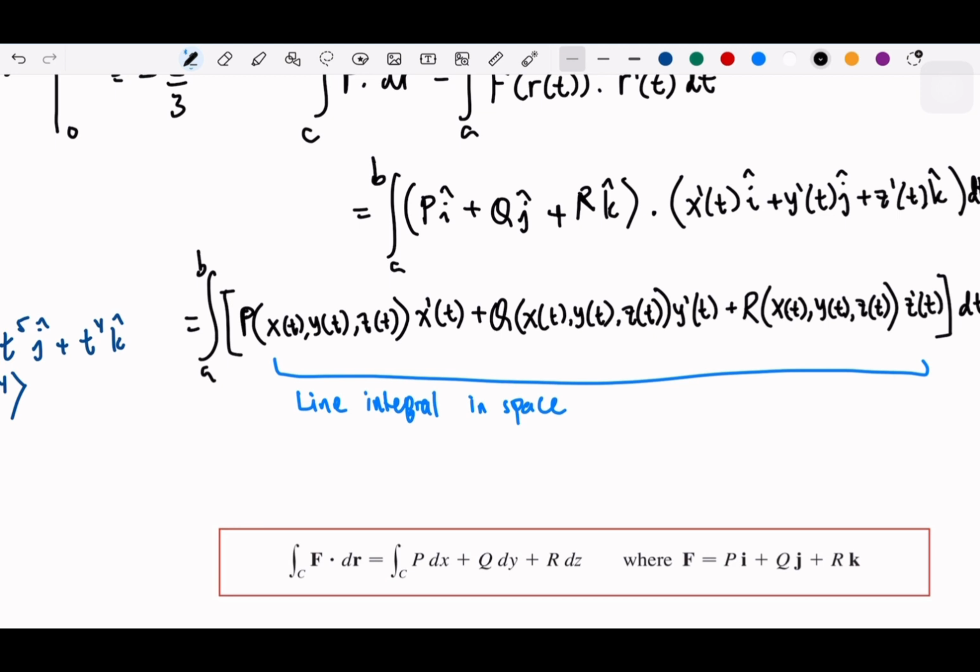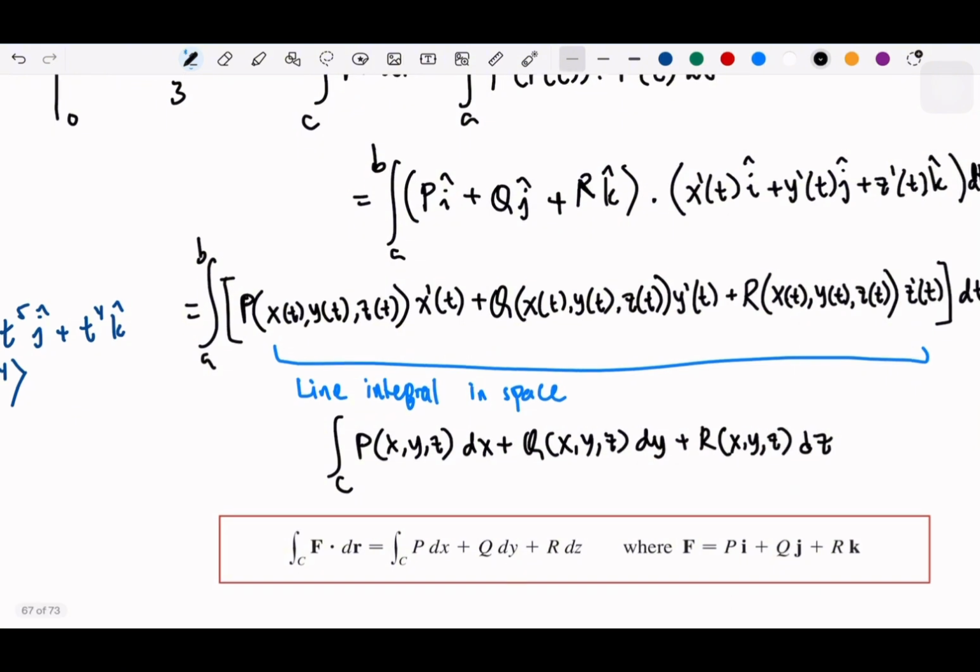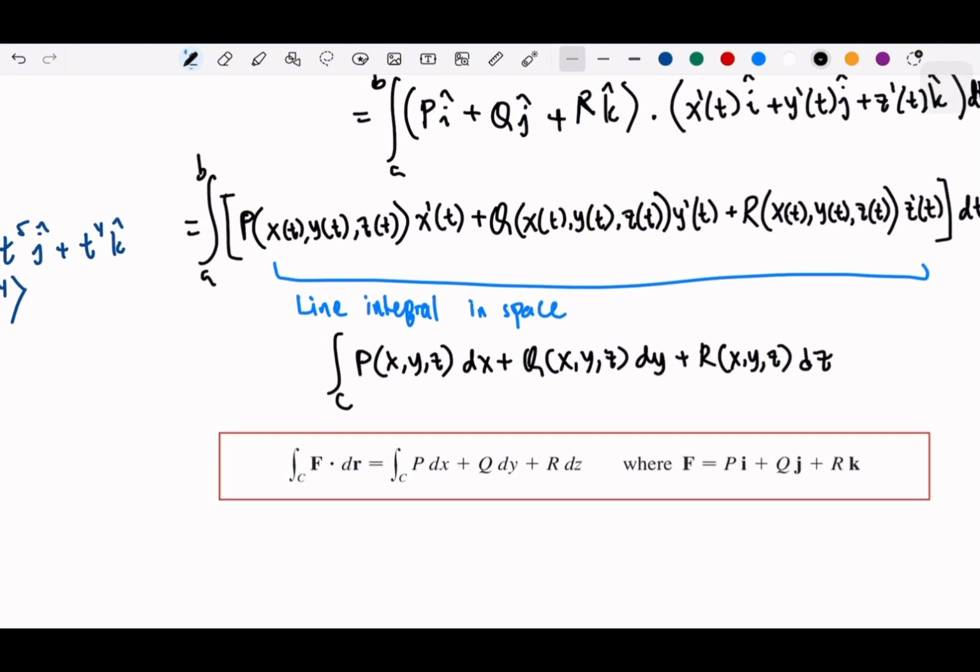So we can write in terms of P(x,y,z) dx plus Q(x,y,z) dy plus R(x,y,z) dz. Okay. So basically we can write the F dot dr using this P dx, Q dy, and R dz, which is basically the line integral in space, where F is Pi, Qj, and Rk.